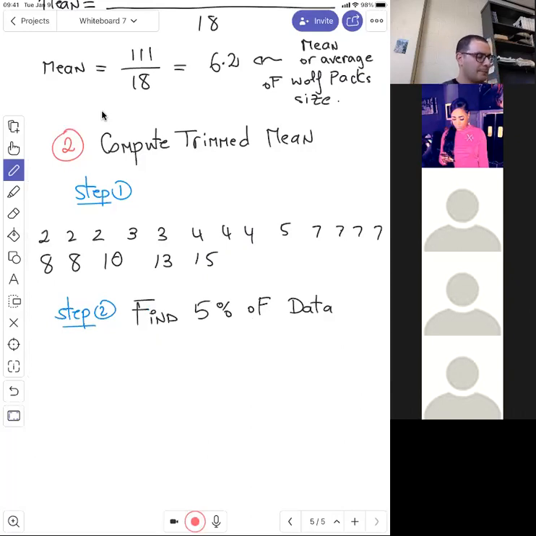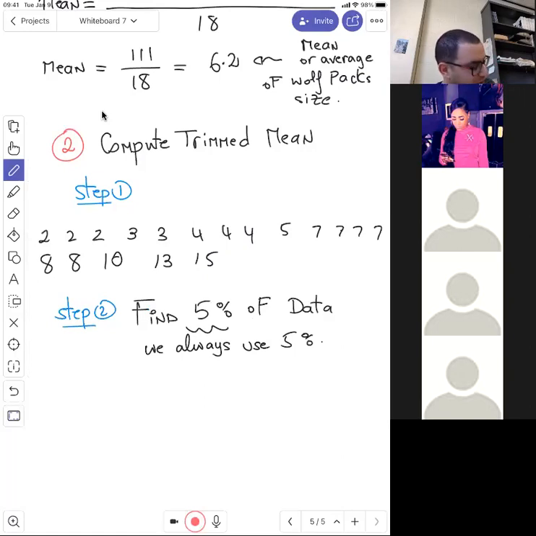We're going to delete 5% of data values from the smallest and from the largest data values. So again, yes, we always use 5%.